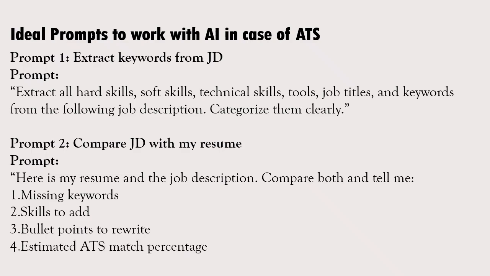Then what is the estimated ATS match percentage? So you are giving the prompt to the AI, and you can also extract the changes to improve the ATS score. So these are some of the prompts we can give to the AI, which will help you to match the JD and your resume.